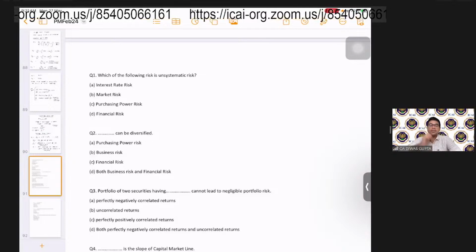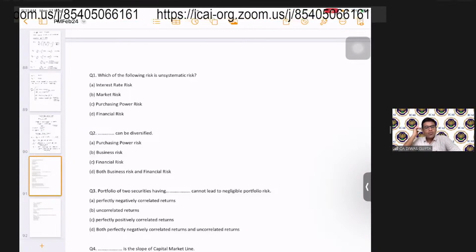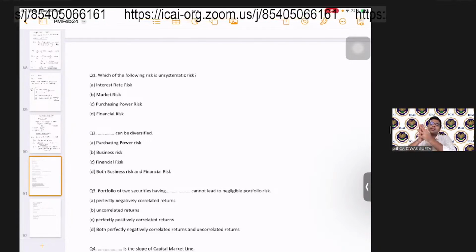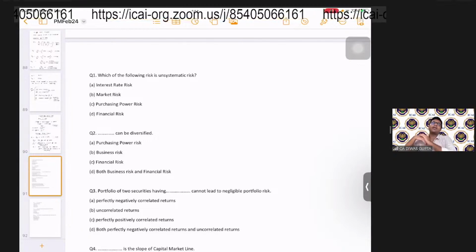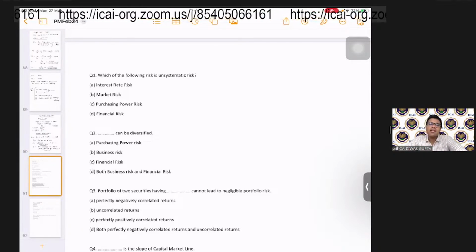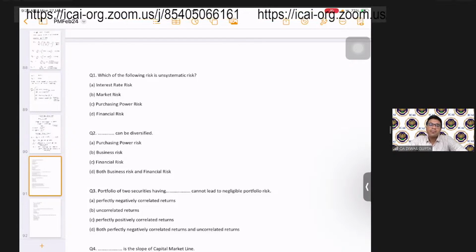Now, students, let me ask all of you these questions, right? I will give sufficient time. These are some of the MCQs that are drafted on these two topics, portfolio management as well as the securitization bit, right?